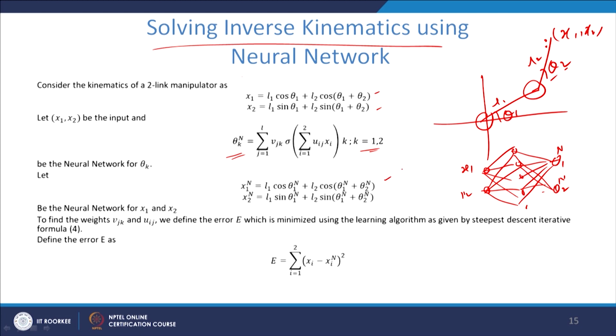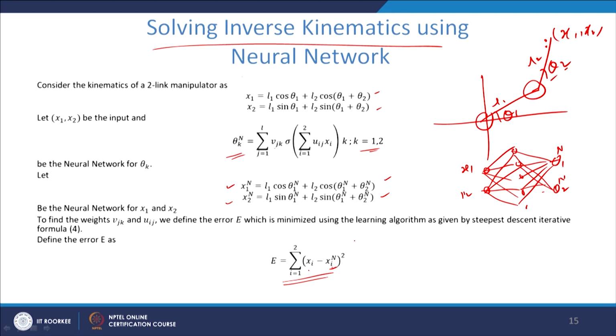Then we substitute in this formula, in place of the actual value of theta, the neural network value of theta, and obtain the neural network value of x1 and x2. Then we subtract the neural network value from the given value of x1, x2, whole square. So, E should be minimized suitably, so that we get the weight values after convergence of the neural network algorithm.